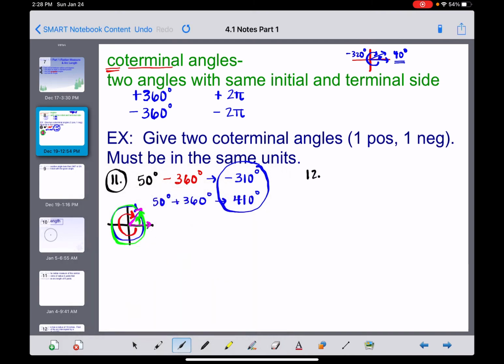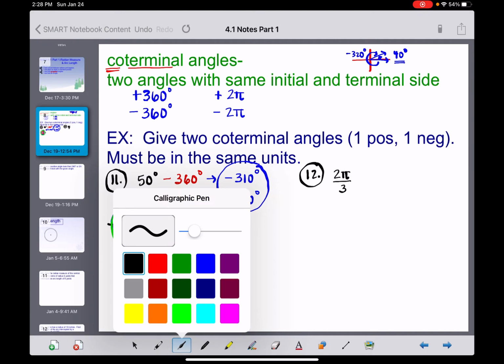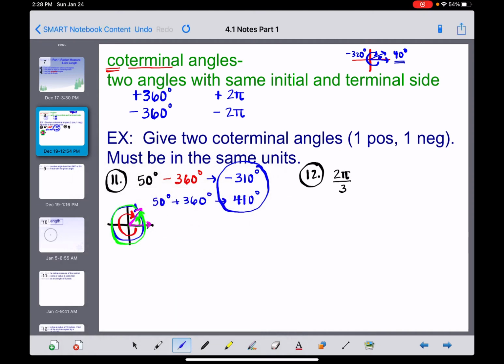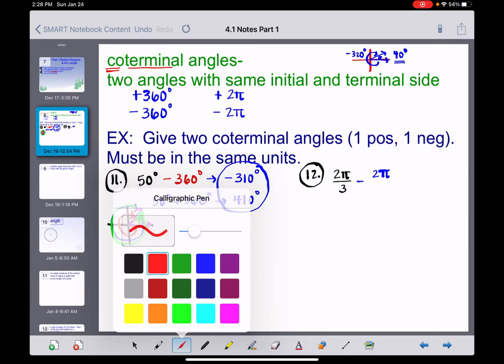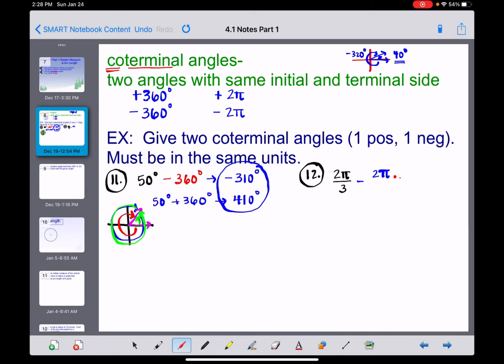Okay, I'm going to come over here to the right for example 12. So example 12 is 2 pi over 3. So again, we're trying to get a positive and negative coterminal angle for 2 pi over 3. So to get a negative one, I'm going to subtract 2 pi here. So again, going back to that radian worksheet, in order to subtract 2 pi, I have to have a common denominator, and that would be a denominator of 3.